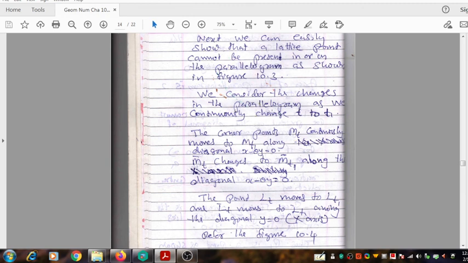Now we consider the change of h from t to t1 continuously. The corner point m_t continuously moves to m_t1 along the diagonal x minus theta y equal to 0, and m bar t changes to m bar t1 along the other diagonal.